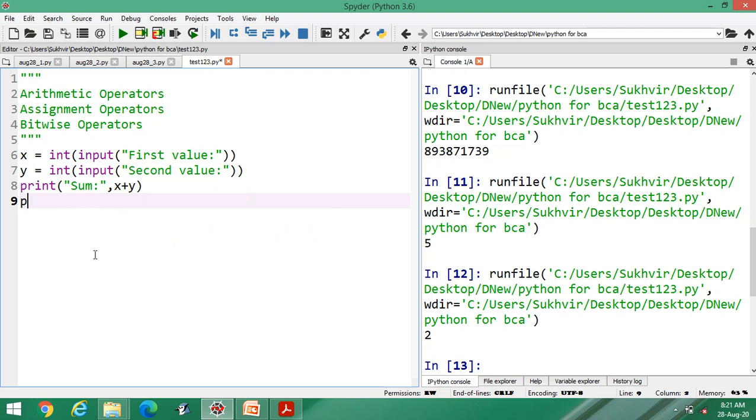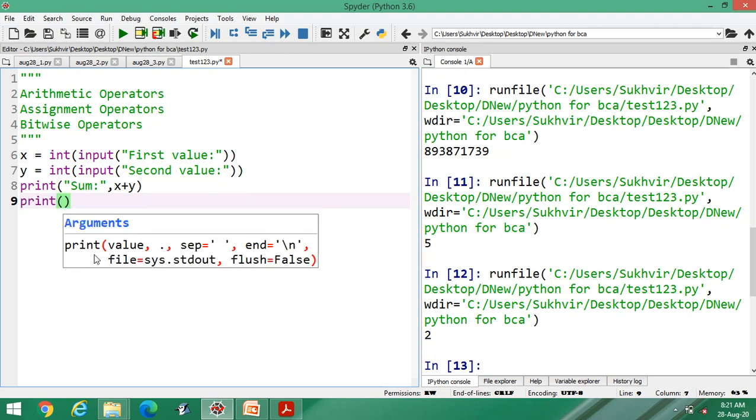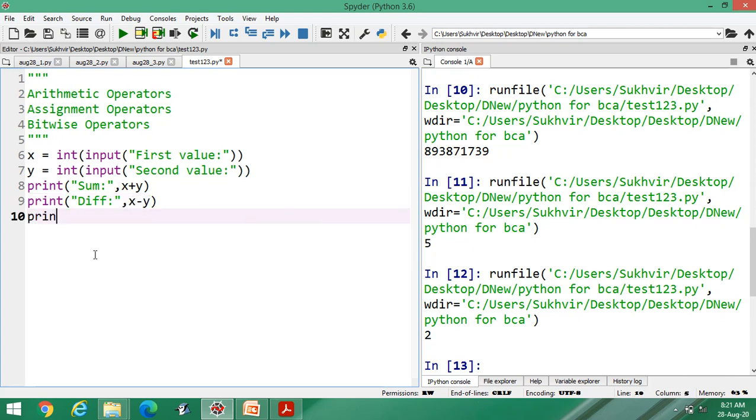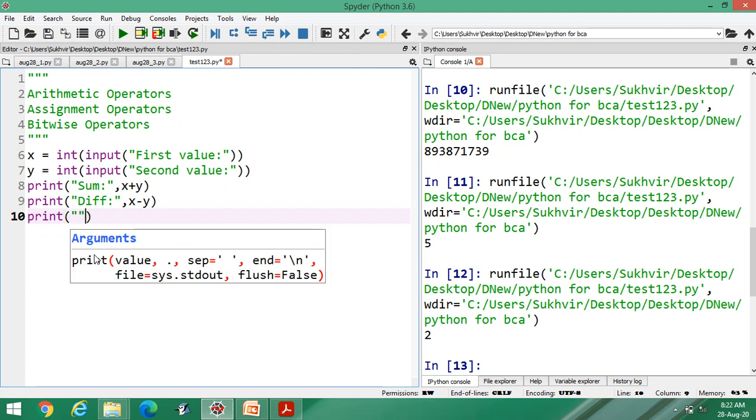Similarly, for difference, you can write difference is equal to x minus y, then print product. Up to this point, it's okay.